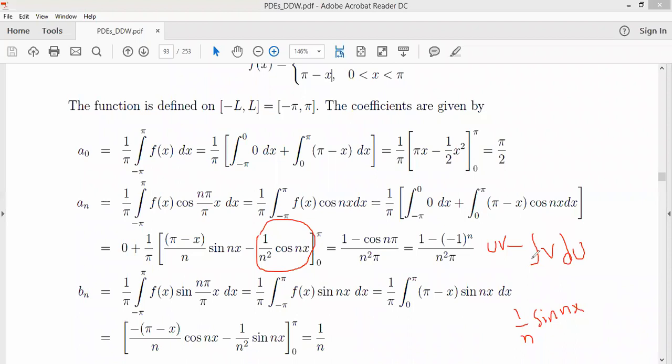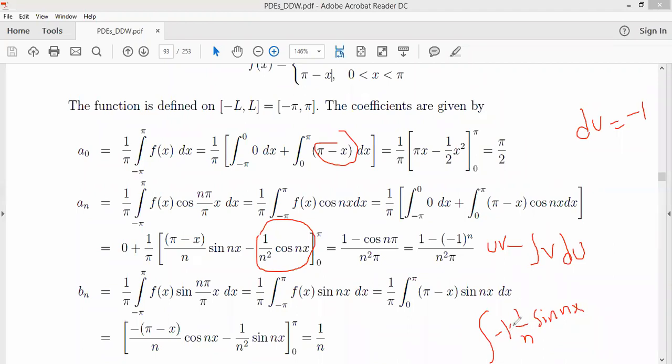I think you still remember we had the du, which was a minus 1 when we differentiated this part here. So the du is minus 1, the v is that. Remember you are integrating, but this minus goes with that minus.